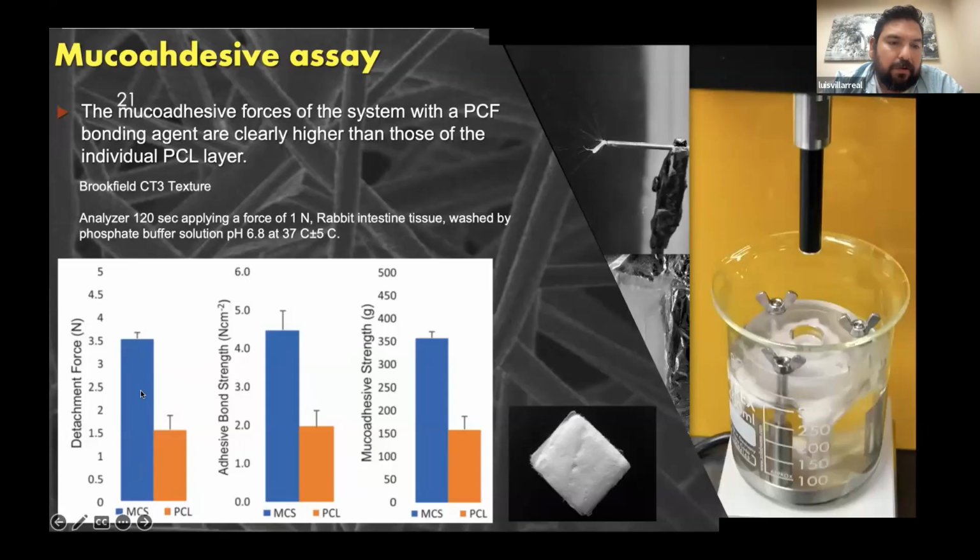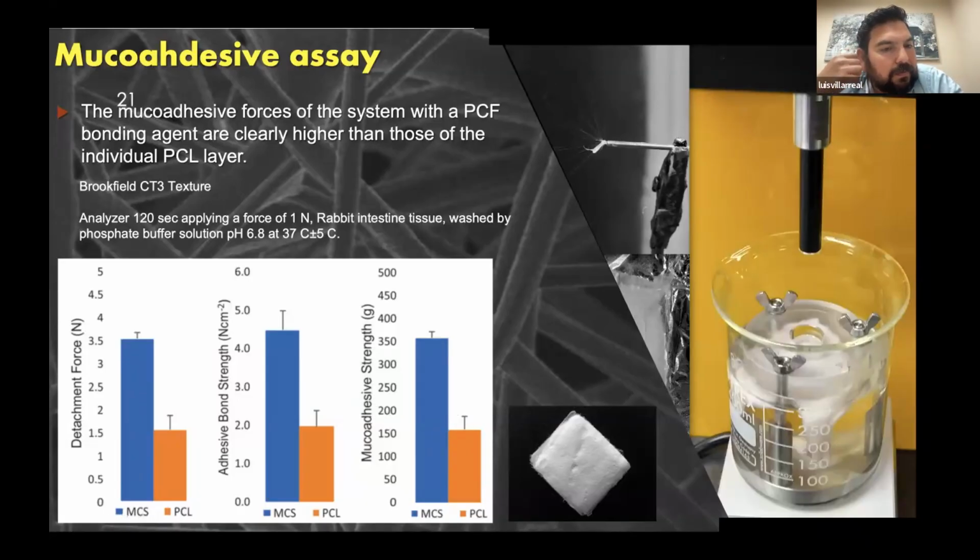As you can see, using the polycarbophil polymer in the mucoadhesive system, the detachment force, the adhesive bond strength, and the mucoadhesive strength improve very much compared to the control.